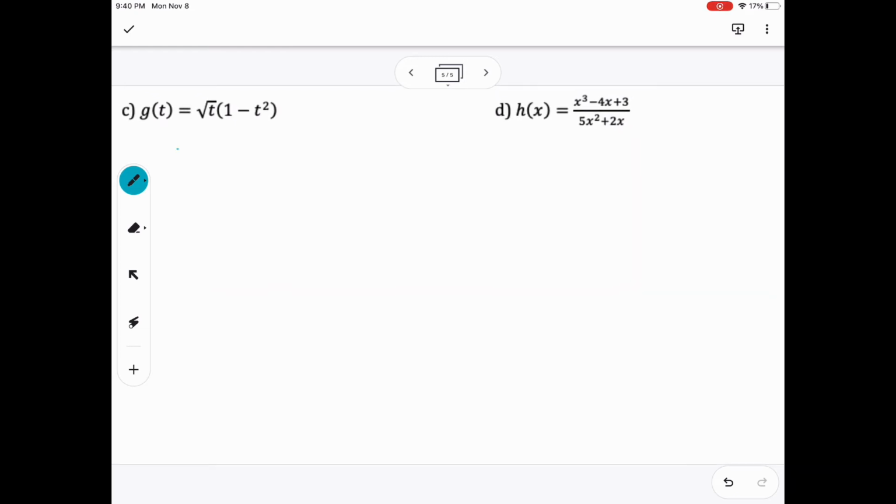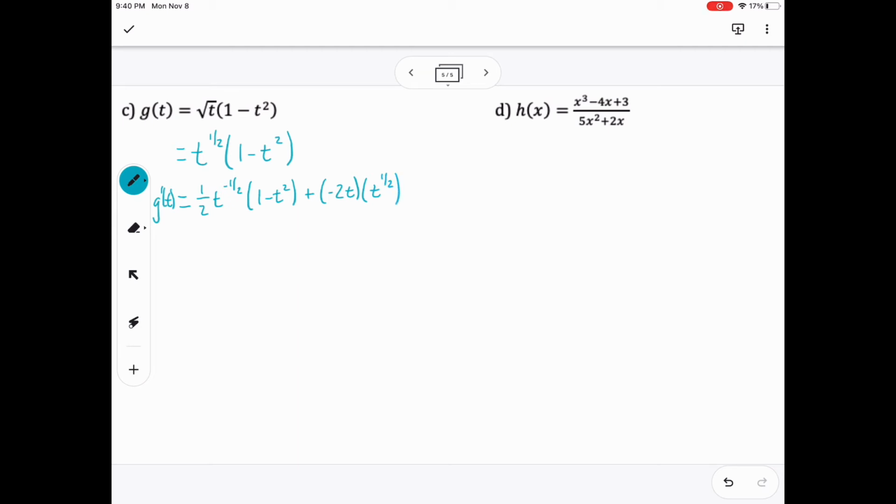Okay? So example C, we want to change the square root of t to t to the 1/2, and then take the derivative of the first, which would be 1/2 t to the negative 1/2 power times the second, and then derivative of the second, which will be negative 2t times the first.